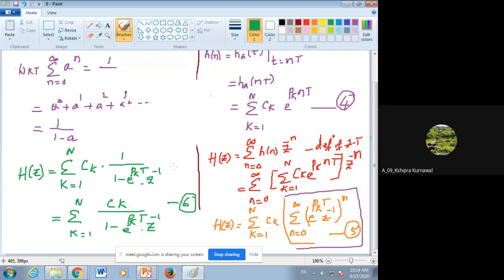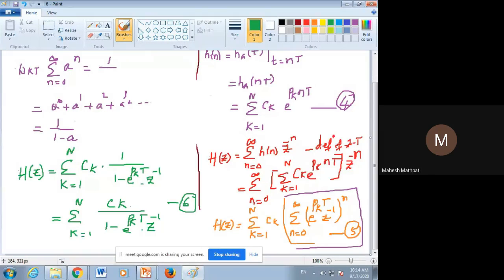Sir, how did 1 by 1 minus a come? a raised to n, n equals 0 to infinity. This is the standard formula, madam: 1 divided by 1 minus a. a to the power 0 is 1 plus a to the power 1 plus a to the power 2.